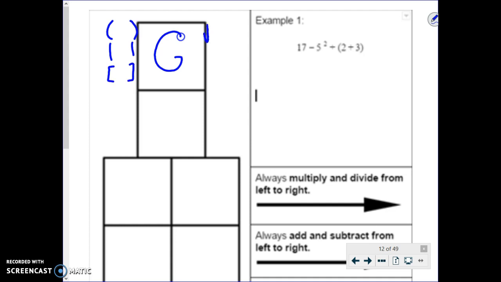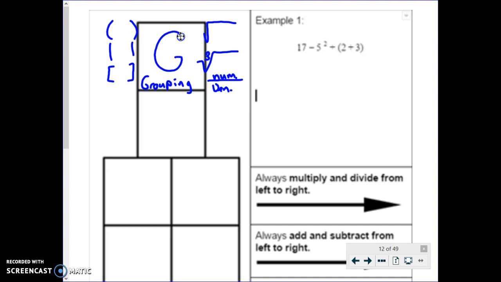We can think of the square root as well as cube roots, and sometimes even fraction bars, with the numerator and denominator being 2 separate groups, where we want to get one answer for the numerator, a second answer for the denominator, and then perform that division. So I always start off with the fact that G replaces the P in the acronym students use, for grouping.